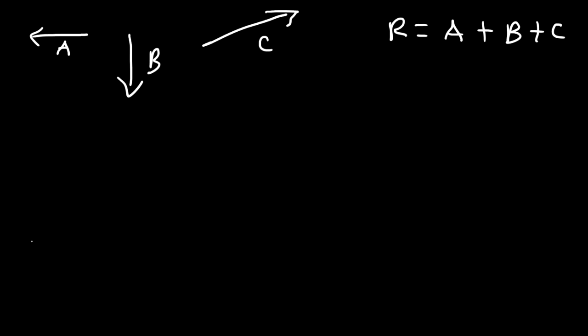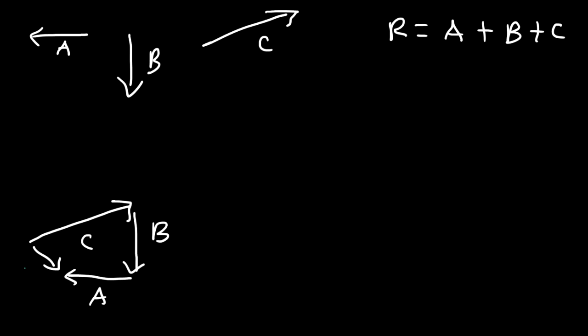So I'm going to start with C. Redraw exactly the way you see it. And then I'm going to add B to it. And then I'm going to add A to it. So R is right there. So this little section, that little vector, is the sum of A, B, and C.